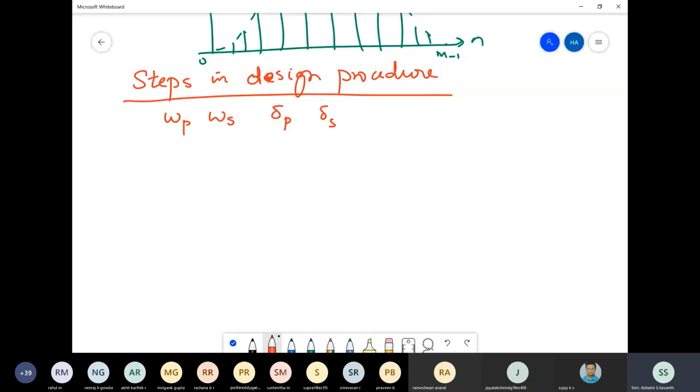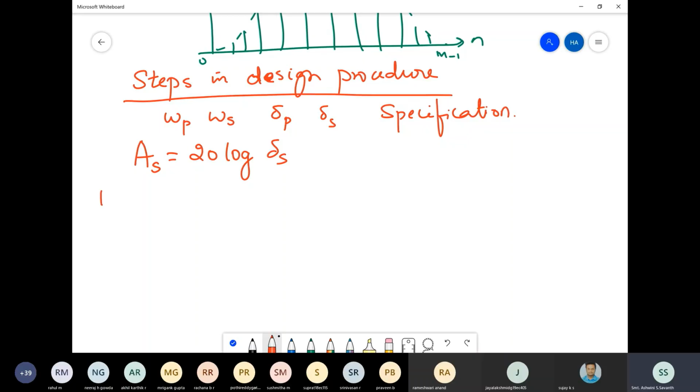First find 20 log delta_s, in decibels. You'll get a negative value, because the ripple is usually a fraction like 0.1. Denote this as A_s, the stopband attenuation in decibels. These are the filter specifications that will be given to you in the problem.